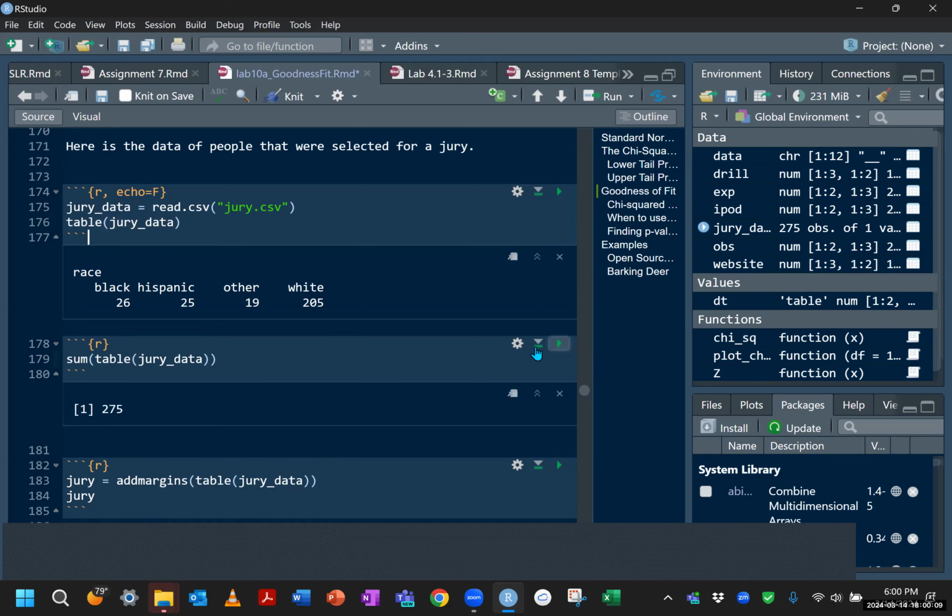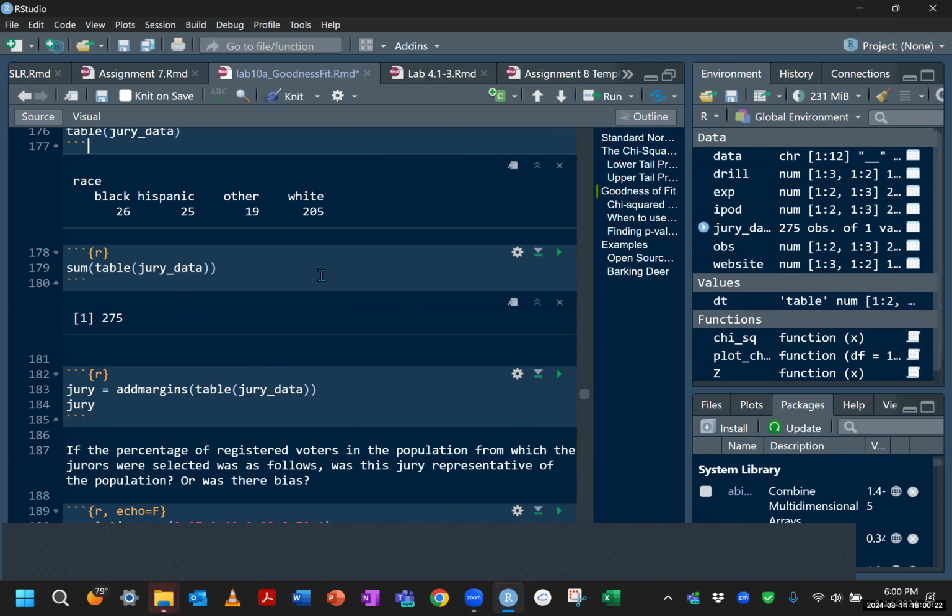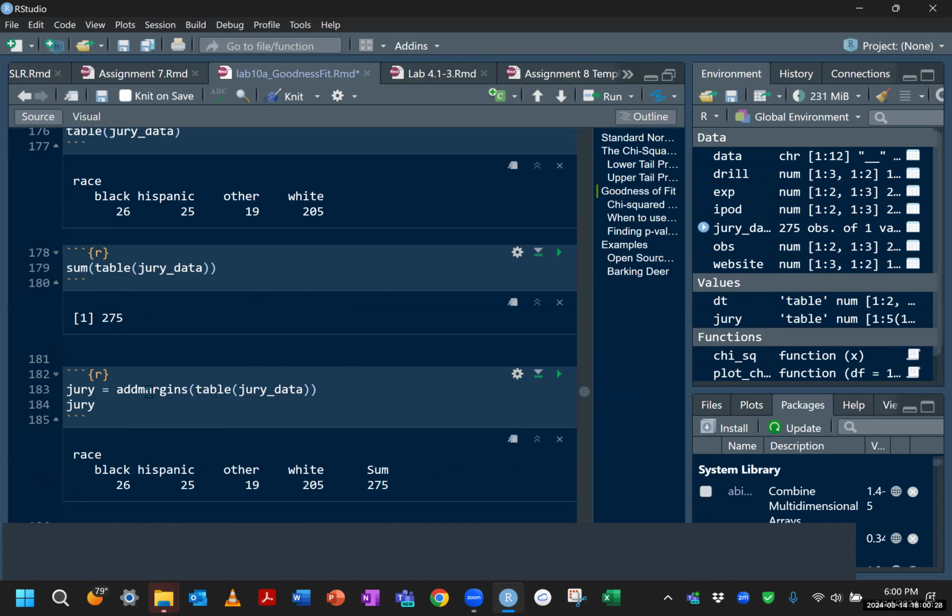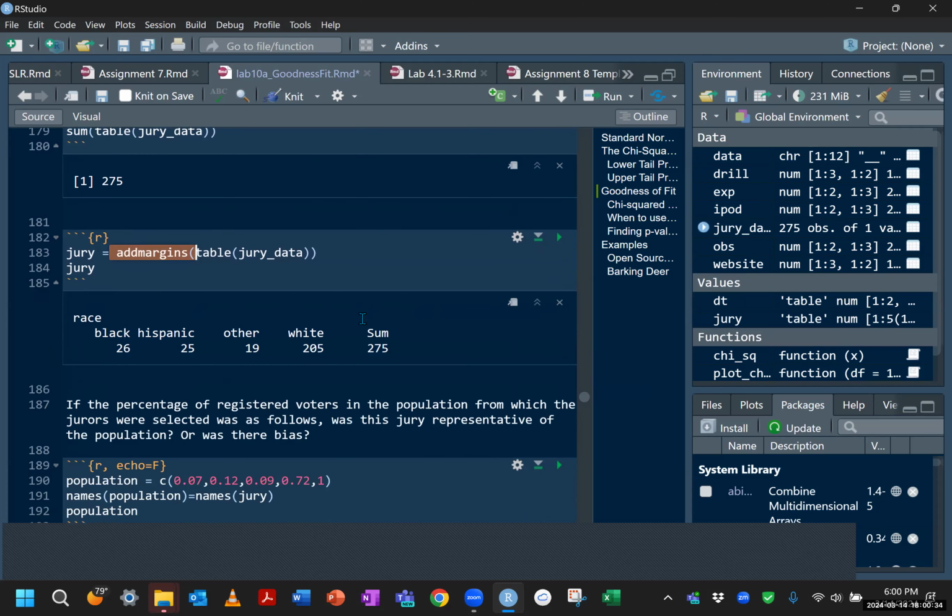So I have 275 people on my jury. 26 are black, 25 Hispanic, 25 white, 19 were other. And it looks like the way the table makes these, it's just alphabetical. So that's just the order that it does it in. And I can make my table. Another cool way to get that sum is you can say addmargins, and it puts that sum on the end. So that's my data.